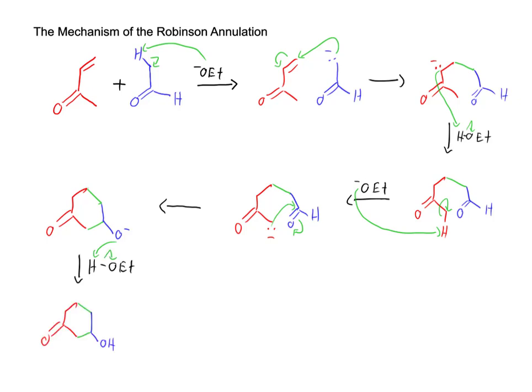Now, because this was an intramolecular aldol reaction, we should know that we should be doing the E1CB mechanism to finish off the reaction. So that means we're going to have this OEt, this base that we keep forming and breaking and then reforming, come in and remove the other alpha hydrogen.